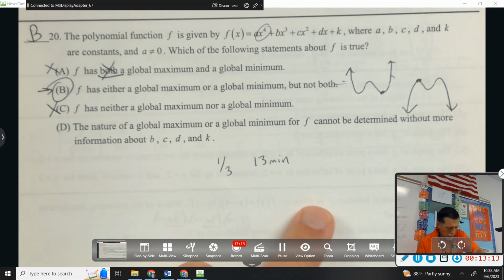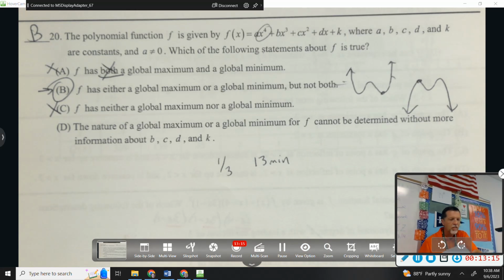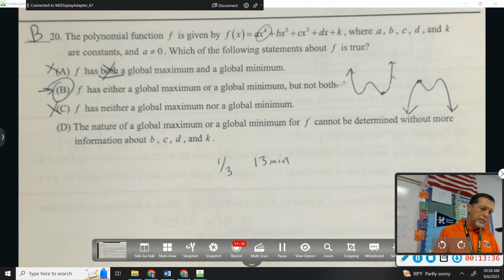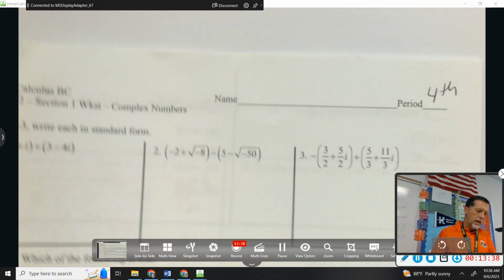I know there's more than just 20 multiple choice questions. There's 23, and then there's 2 free response. So it might be close, but I think it can be done. Again, I'm slowing down, trying to explain things as I go. Hopefully you're hitting some of these and answering them quickly and moving on. As long as you know what you're doing, I think you'll be okay on time. And again, all the other videos will be posted eventually.